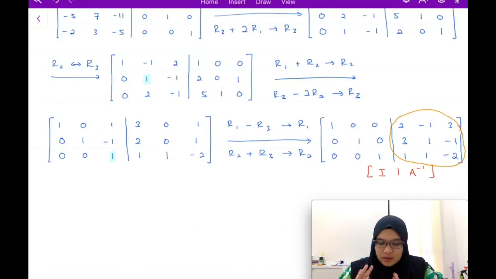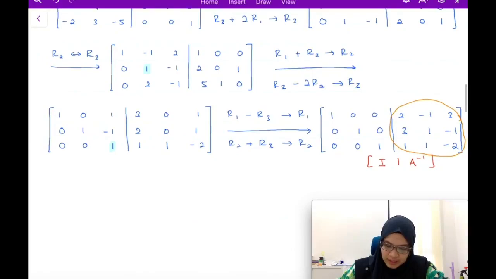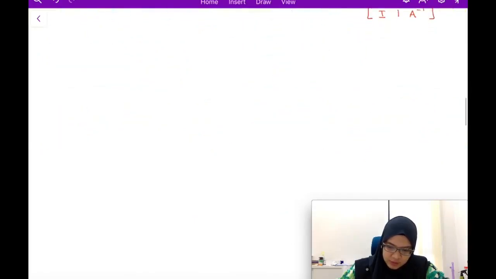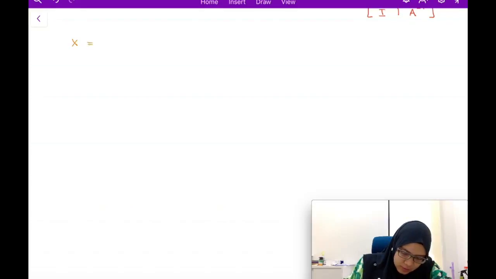But we are not done, because we have only obtained A inverse and have not solved the system of equations. Going back to the question, to solve for x means that we need to compute x equals A inverse B.